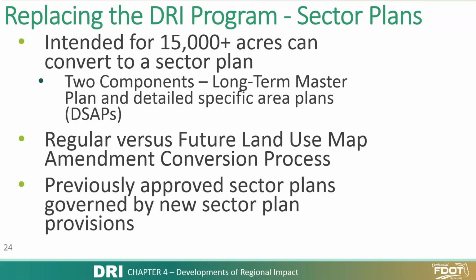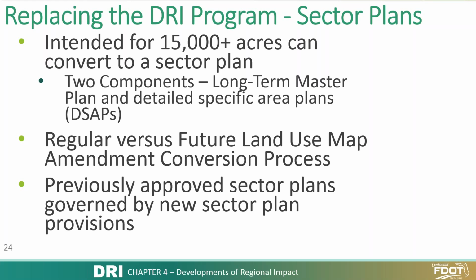There's two ways in which developments become sector plans. One is a regular way in which the developer creates a sector plan from scratch underneath Section 163.3245 of the Florida Statutes. Another way is if a developer or local government has a future land use map amendment that qualifies for the criteria underneath the statute for sector plans, they can convert their future land use amendment into a sector plan.